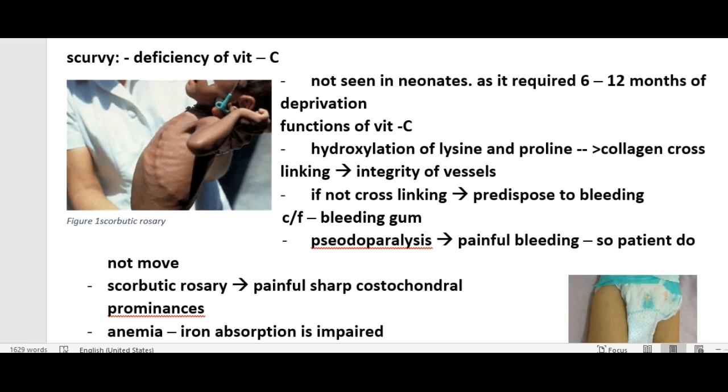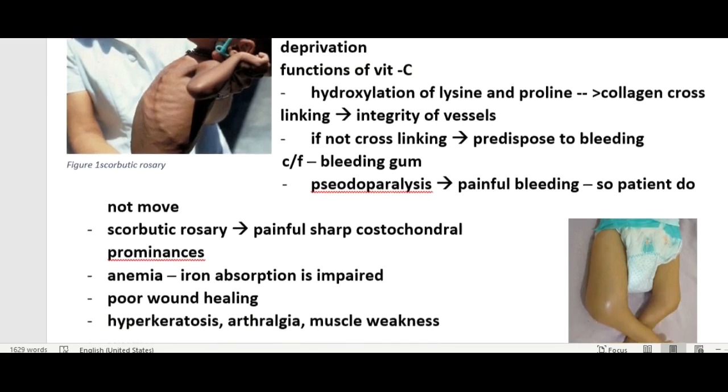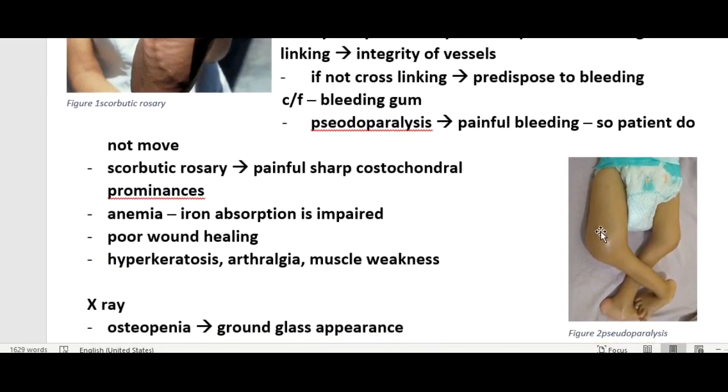And then I have said that there is also pseudo paralysis. Because of the bleeding under the periosteum, a hematoma will be formed, and because of this heavy painful hemorrhage, the baby cannot lift the leg, and as a result the baby stops moving that part of the limb, which appears as pseudo paralysis.